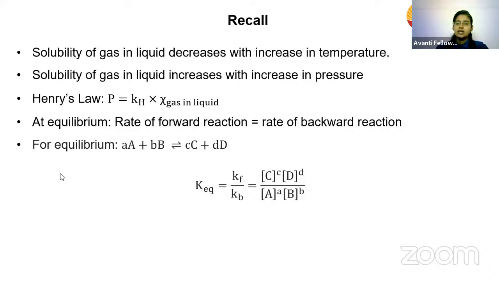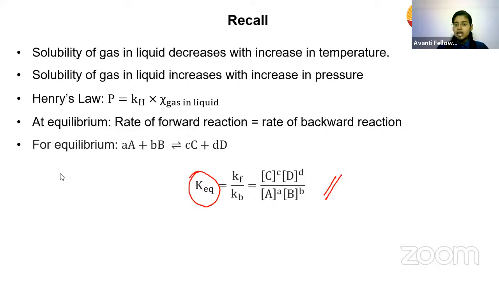So these are the very important points we discussed in yesterday's session. And from this Keq formula, we solved some questions. We took some 3 to 4 reactions and we wrote the Keq values for them, right?